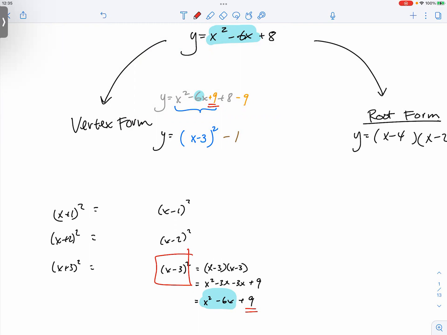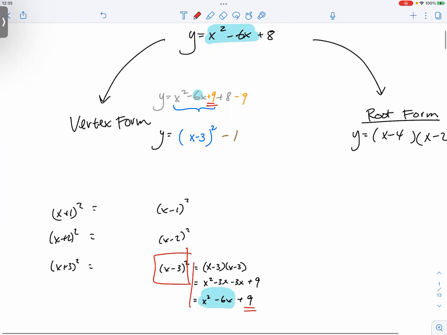Okay, so I understand how this is like creating things out of thin air, and I would confess that completing the square was not something that I learned the first time. No, it took me a few times to really understand it. But what was really the key is: do you understand what equal means?